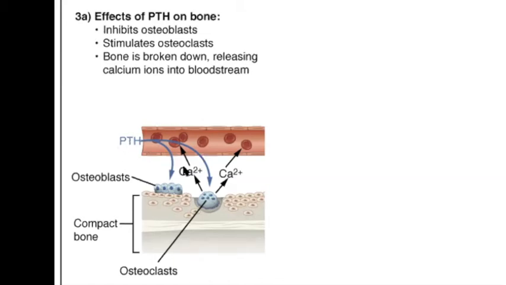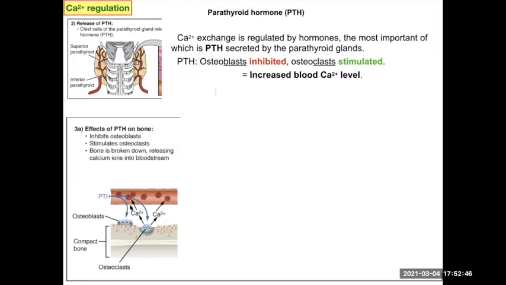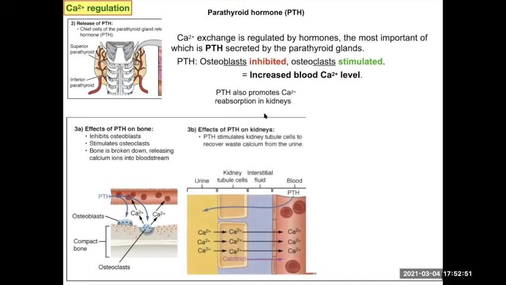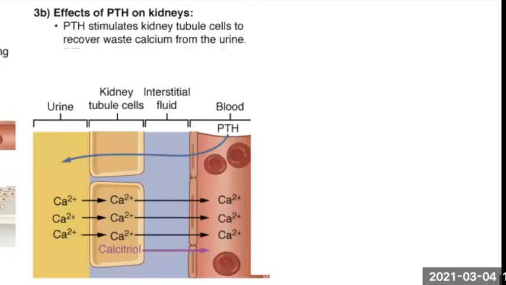So hormones come in and affect the activity of these two types of cells, either increasing or decreasing the activity. This hormone also promotes calcium reabsorption in the kidneys. Moving away from bone for a second, just talking about calcium regulation in general, it's also in your kidney tubules.